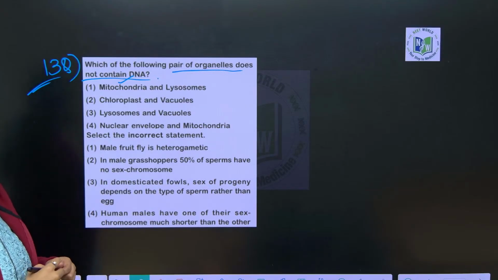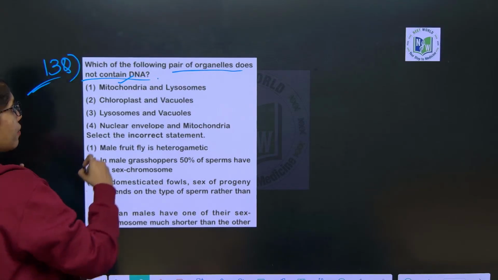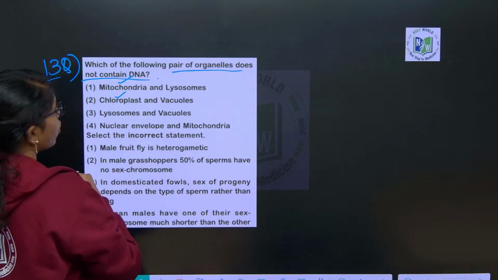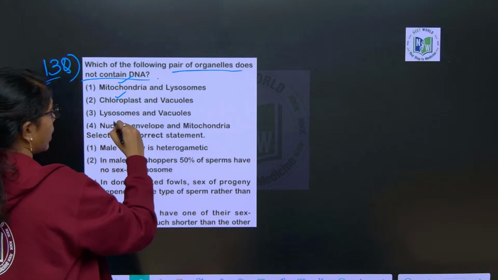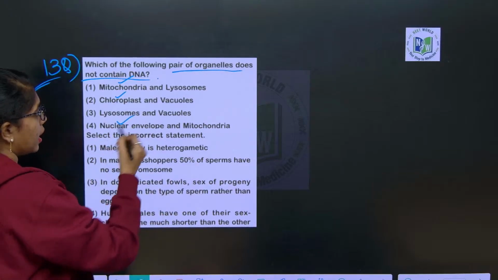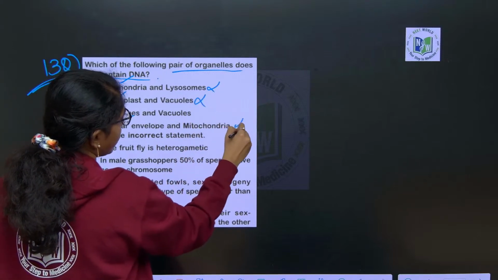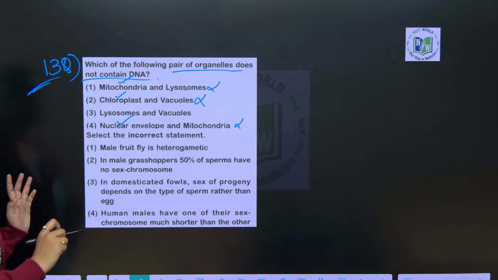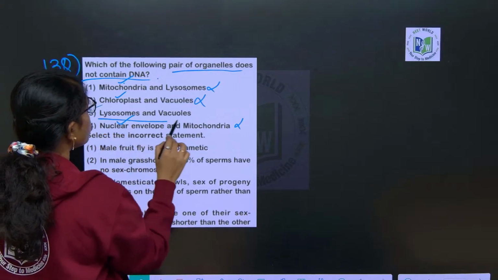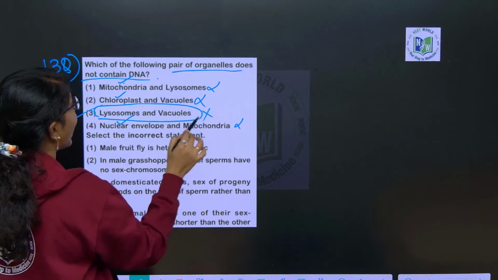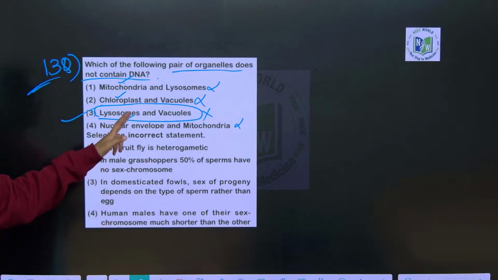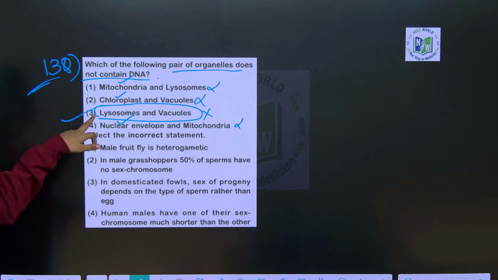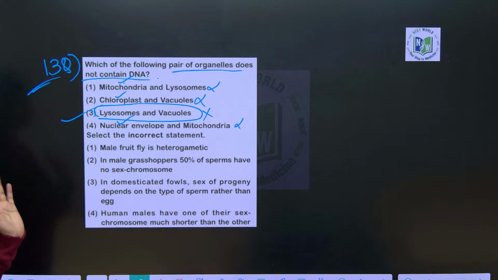That is why it is called semi-autonomous or self-replicating. Mitochondria and chloroplast both have DNA. Nucleus also has DNA. So these three options we can eliminate because one of the organelles has DNA. Clear? But lysosomes and vacuole don't have their own DNA. Here option 3 is the correct answer.